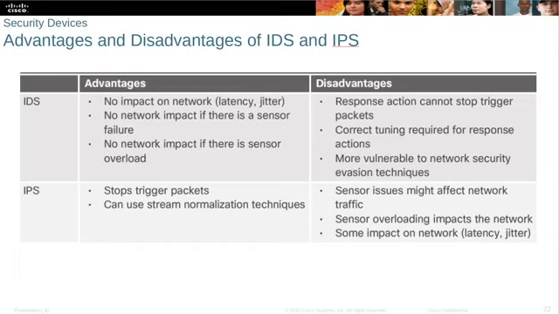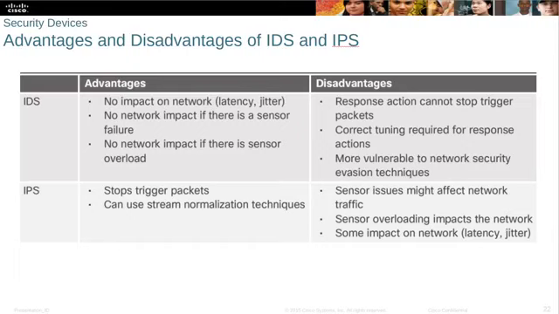Whereas with IPSs, advantages are they can actually stop trigger packets. So a packet that triggers an alarm can actually be stopped, and they can make use of what's known as stream normalization techniques. Disadvantages of IPSs: the response action cannot stop a trigger packet, so it can give you a warning, but it can't really do a great deal about it.